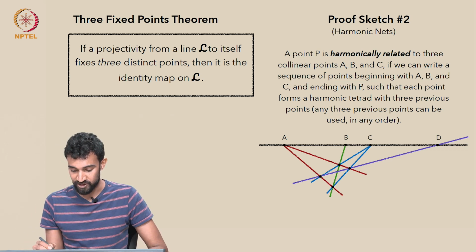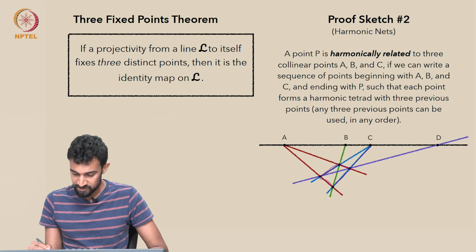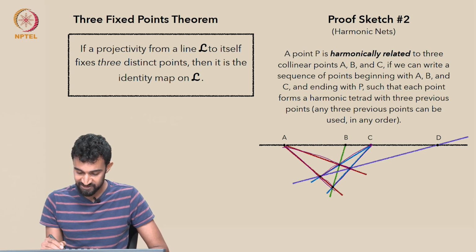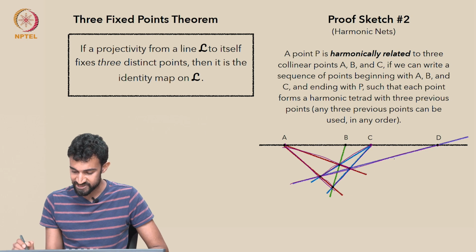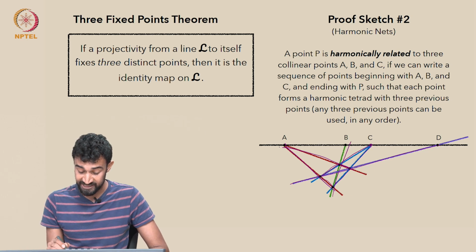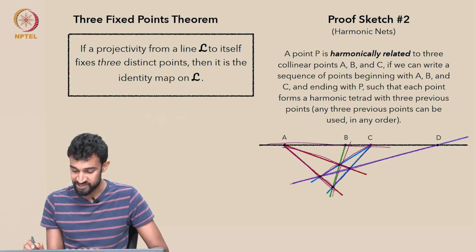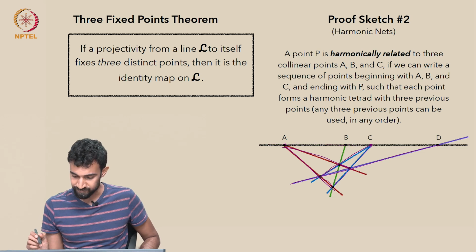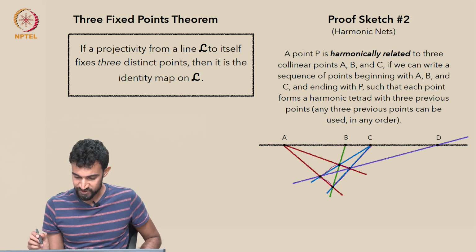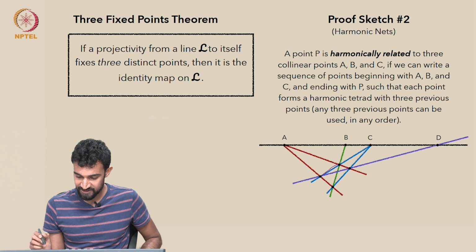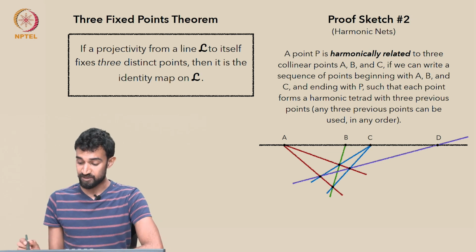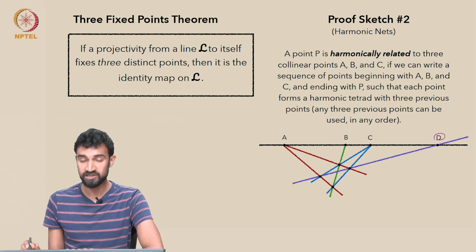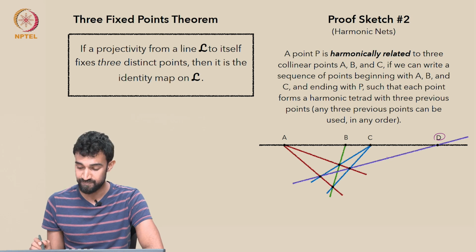There's a set of collinear points, and a quadrilateral whose sides converge to A and C respectively, and whose diagonals hit that line AC in the points B and D. So in this case, we see from this picture that the point D is harmonically related to A, B, and C.